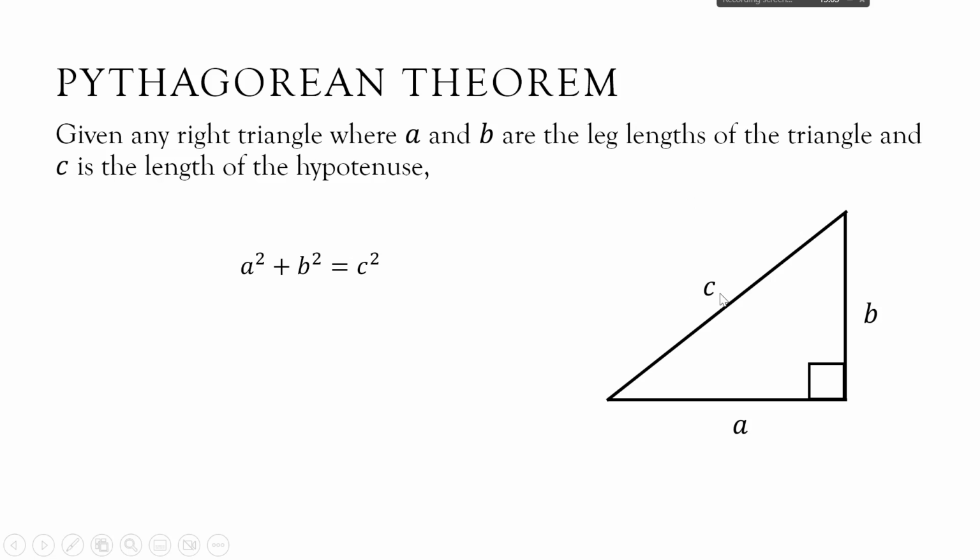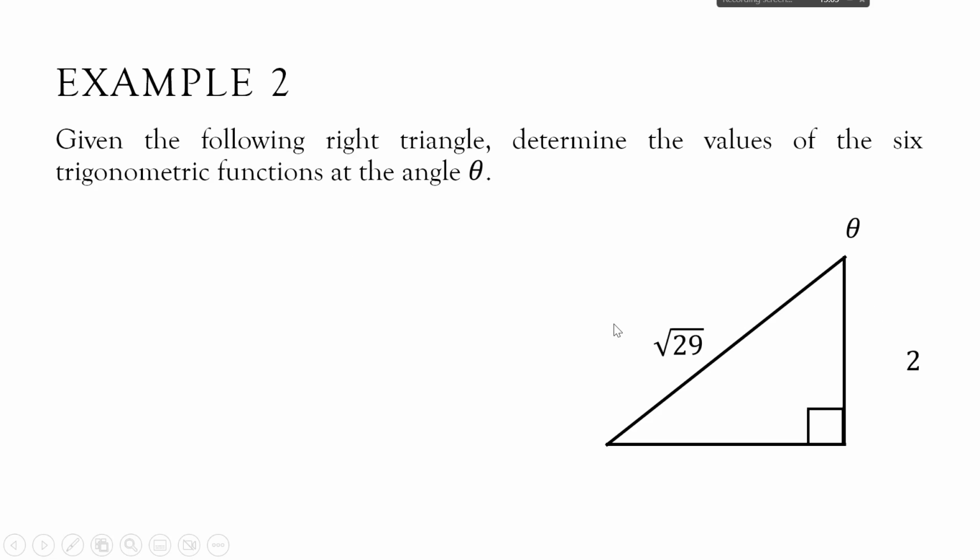Alright, now how can we apply the Pythagorean theorem? This is when we start going into example 2. So again, I have a right triangle, but only 2 sides of my triangle are labeled. I have no idea what this bottom part is yet. But if I want the 6 trig functions, I know I need all 3 sides of my triangle.